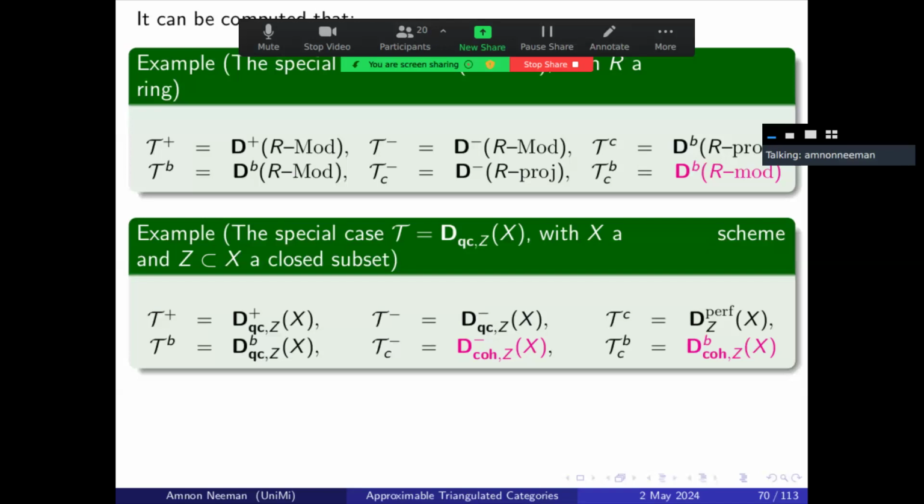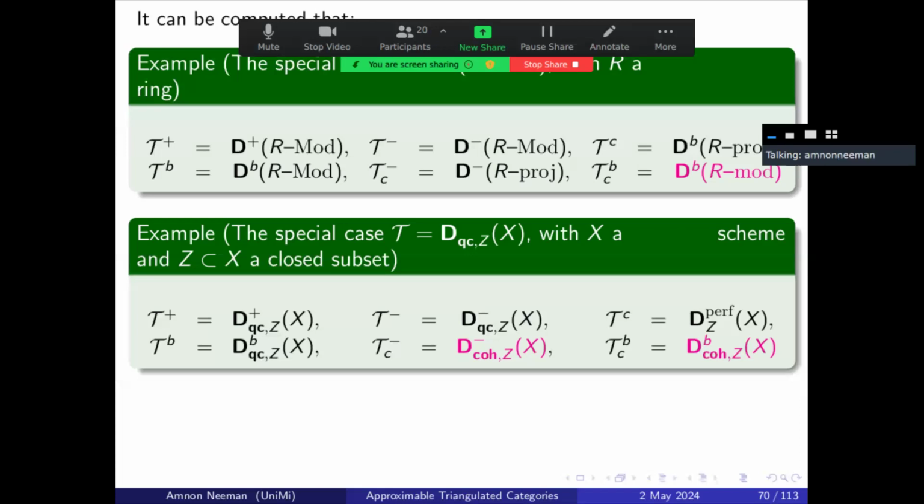So those need to be defined with more caution. But they're classical categories that appear way back in Illusie's 1971 exposés in SGA6. Okay, so far I've told you that an approximable triangulated category has all of these intrinsically defined subcategories, and that in special cases they compute to be things that you have known and loved for decades.